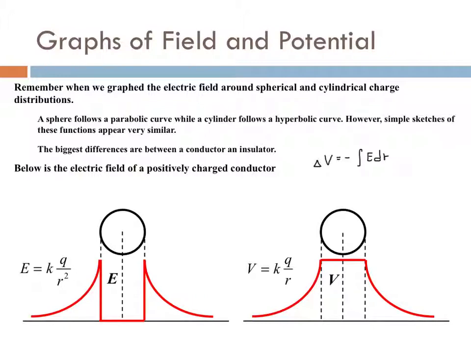So if we put in that we have a 0 electric field inside of my conductor, what that means is I'm going to have 0 potential difference. That does not mean I have 0 potential. All that means is I have no change in my potential. So the potential I have at the surface of my conductor is the potential I'm going to have all the way through my conductor.